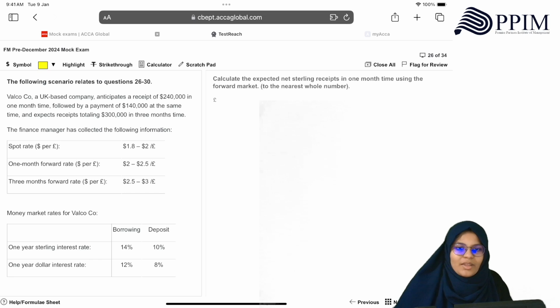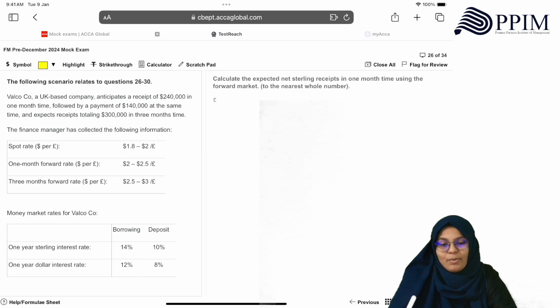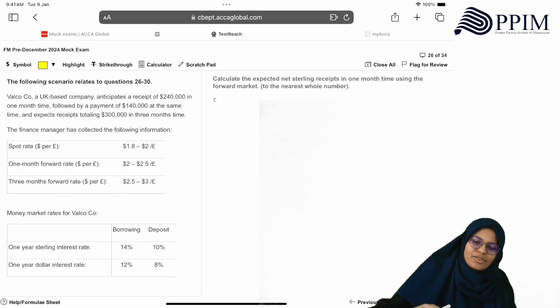A is saying calculate the expected net sterling receipts in 1 month time using the forward market. So if we are going to hedge using the forward market, how much sterling pounds will we get? So let's see.